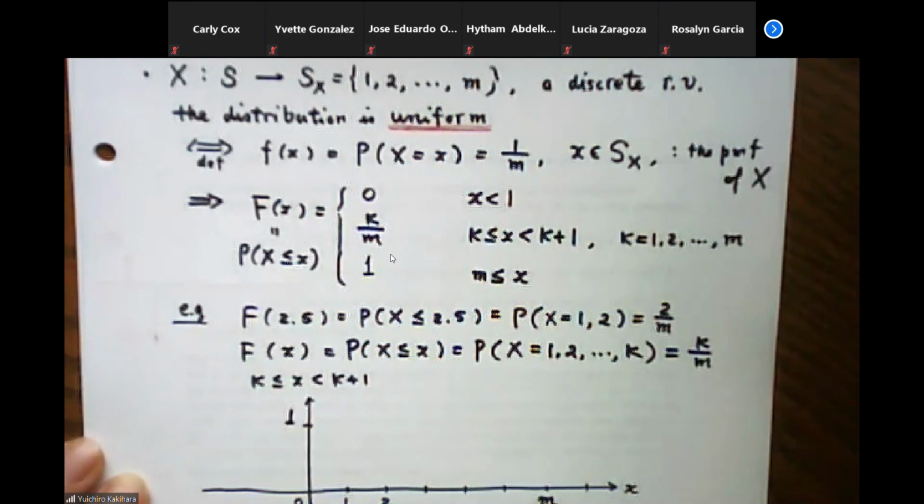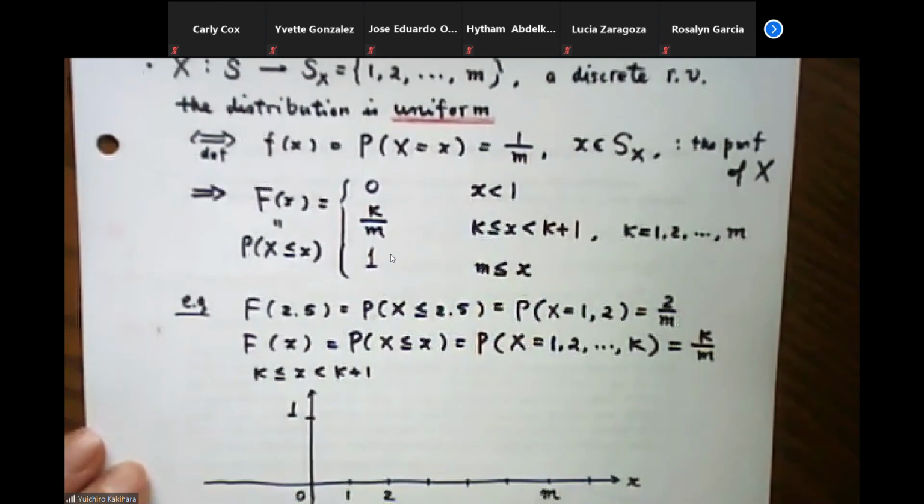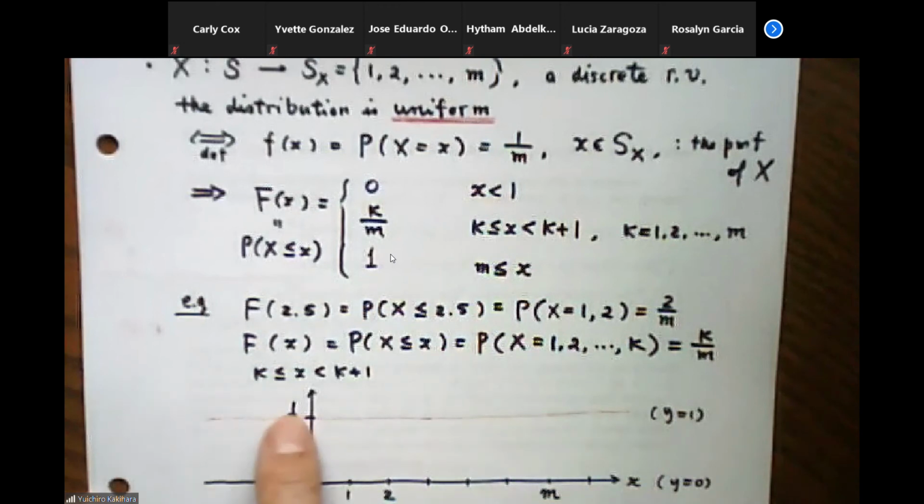And then go up. The graph of the cumulative distribution function is always between the lines. This is y equal to 0, and this is y equal to 1. All the time, the graph of the cumulative distribution function is between the line y equal to 0 and the line y equal to 1, between those two.